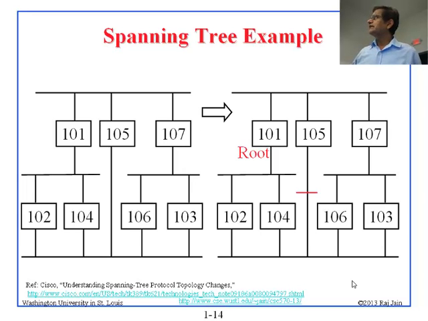So here there are many bridges, and these are the MAC addresses I have put there just arbitrarily. They cannot be so simple, but I have just assumed that these are the IDs, and all of them have the same priority.